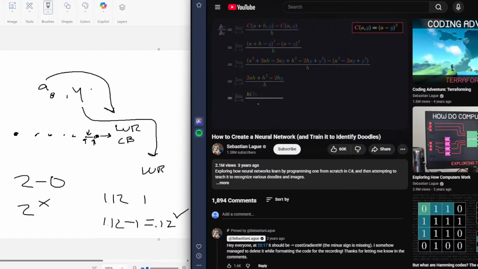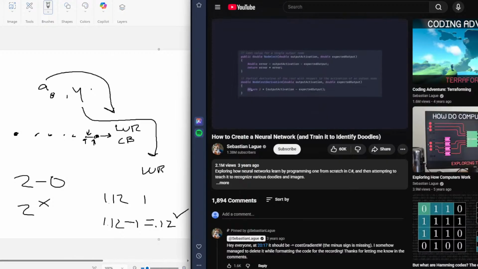I'll tidy that up, and we can see once again we end up being able to cancel out this division by h, which is crucial to the final step of being able to say that as h approaches 0, this is going to approach simply 2 times the output activation minus the expected output. So there's our answer, and in code that would just look like this.